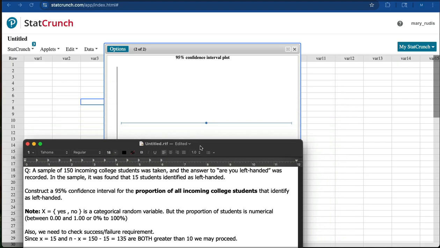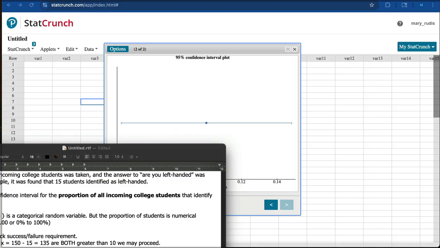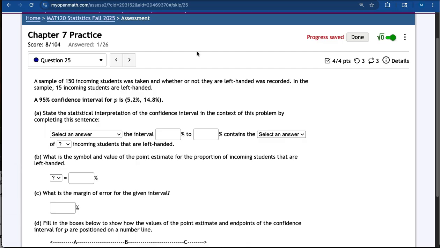All right, so we're going to be using those numbers over here. And here's my question. The sample of 150 was taken, 15 said they were left-handed, and there you can see is our confidence interval from 5.2% up to 14.8%. So the statement that we would make as a result of that is the interpretation here.